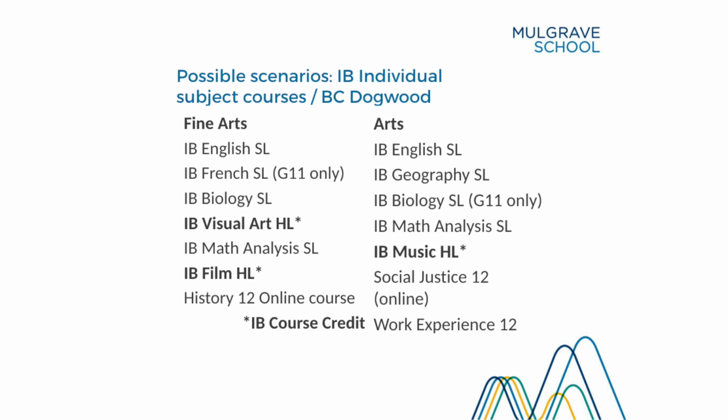The biology was only done at the grade 11 level, which was a requirement for graduation with the BC ministry requirements. They then, in grade 12, took social justice as an online ministry course. And also through working at Mulgrave, they were able to take work experience graduation credits as well, and explore music therapy and a variety of different areas through that work experience course.